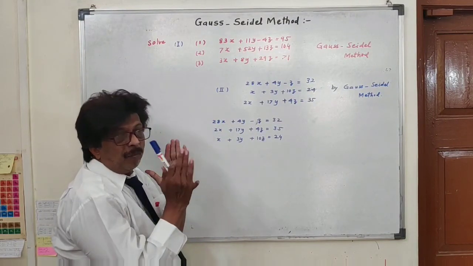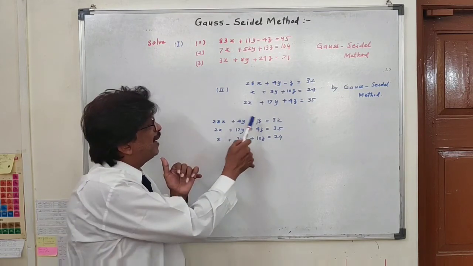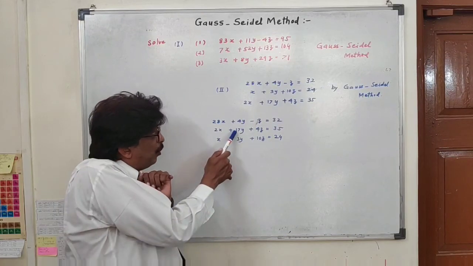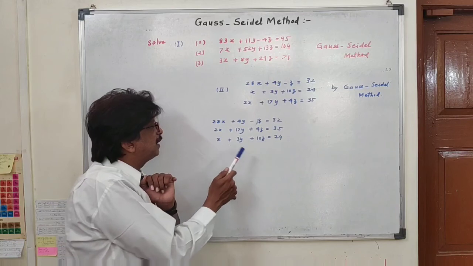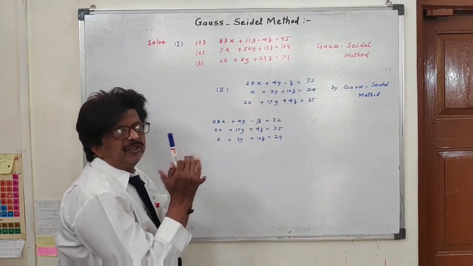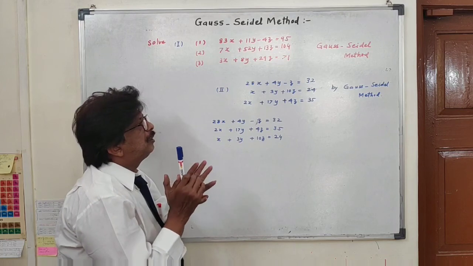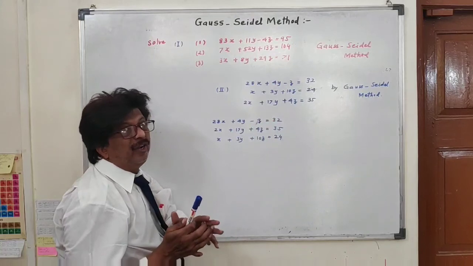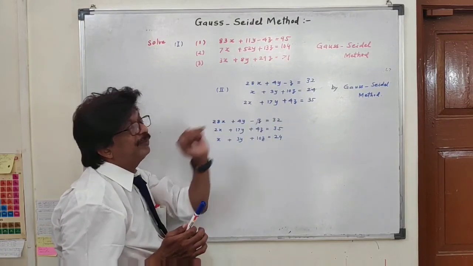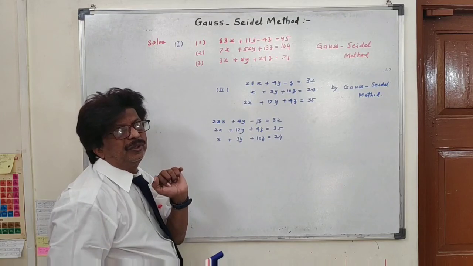The coefficient of x, mod of course, is greater than the sum of the coefficients of y and z. The coefficient of y now is greater than the sum of the coefficients of x and z. And the coefficient of z is greater than the sum of the coefficients of x and y. So such examples are asked. We don't evaluate the value of y from 1 by 3 times, but 1 by 17 times.